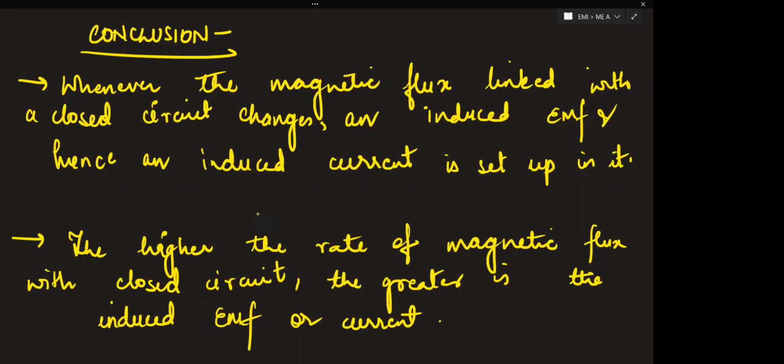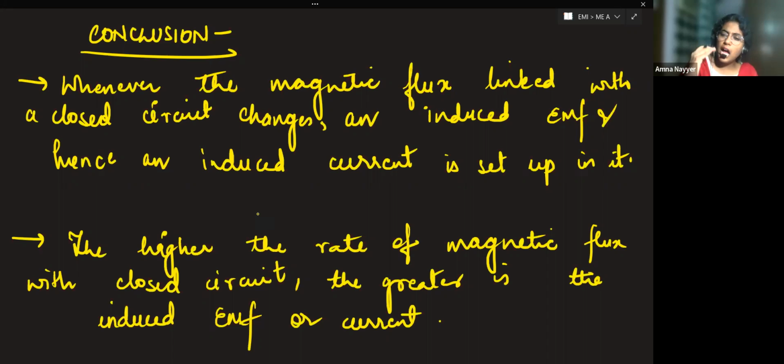Okay. It says that higher the rate of change of magnetic flux with closed circuit, greater is the induced EMF. This line gives you which hint? Rate of magnetic flux means change of magnetic flux with respect to time.